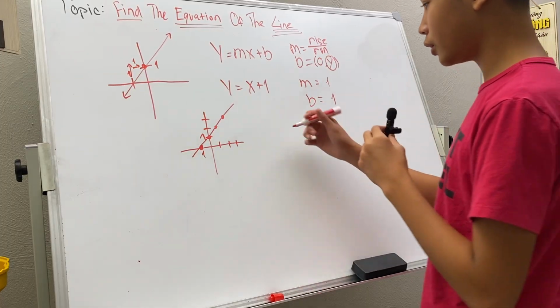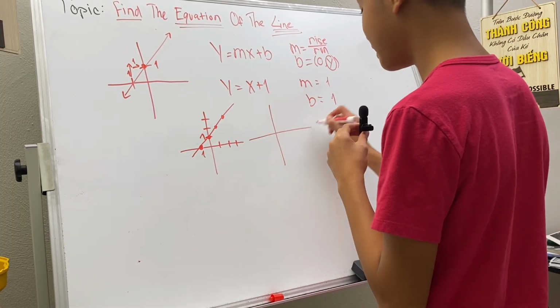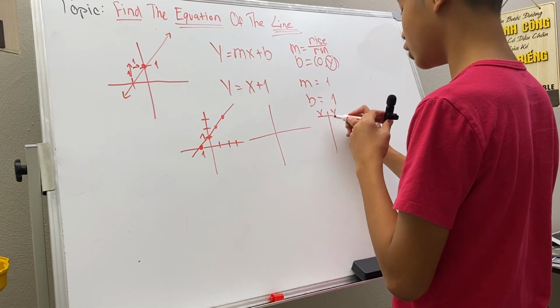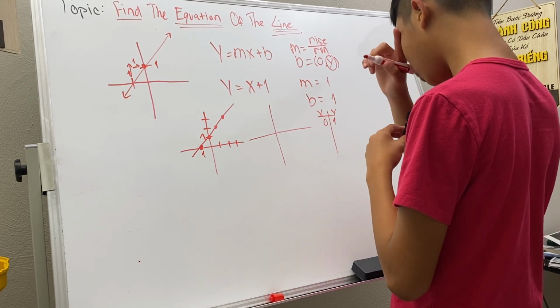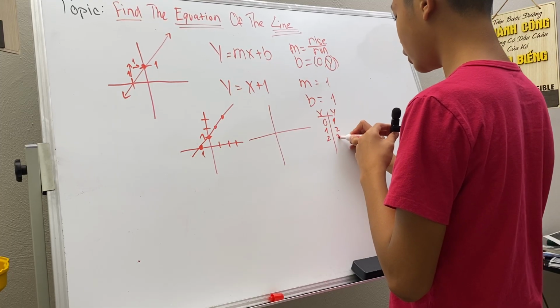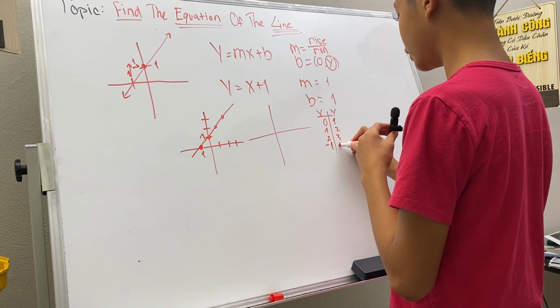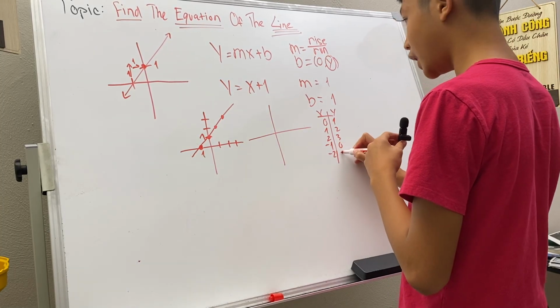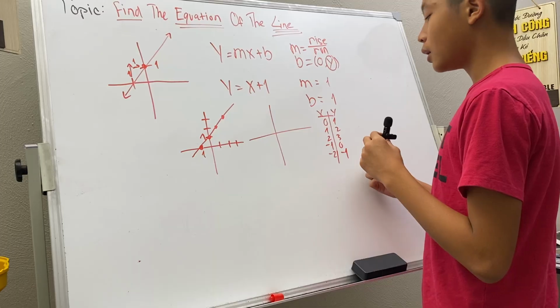You can do it the old-fashioned way, like an XY table. Plug in 0, you get 1. Plug in 1, you get 2. Plug in 2, you get 3. Plug in negative 1, you get 0. Plug in negative 2, you get negative 1. My bad.